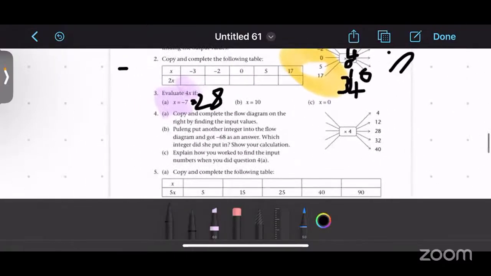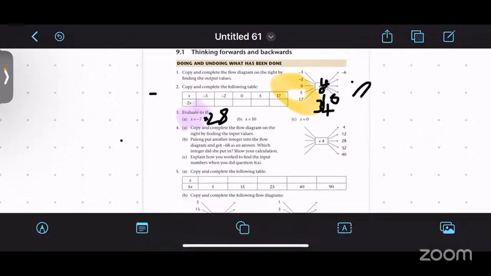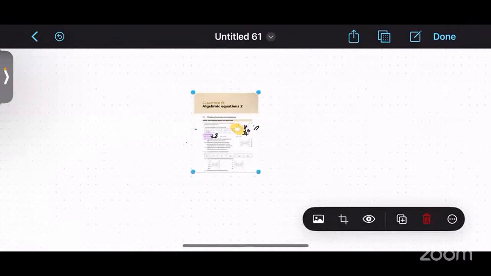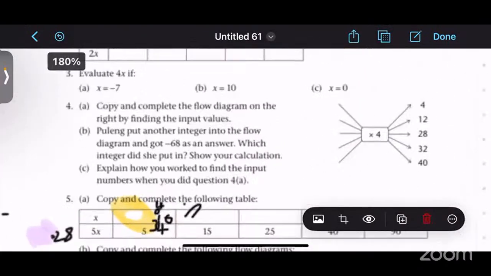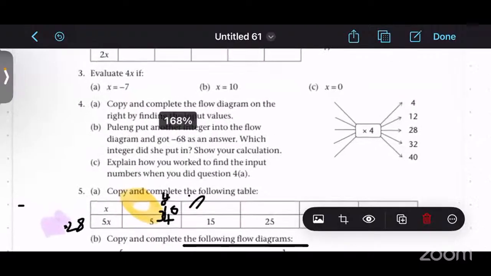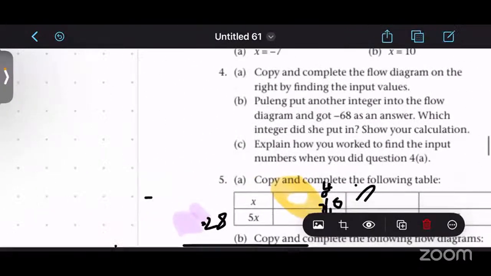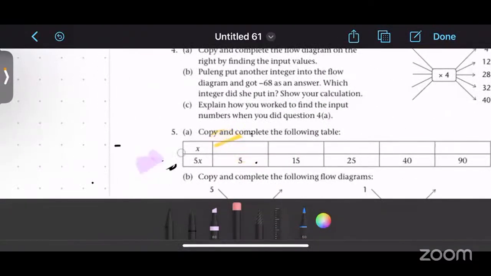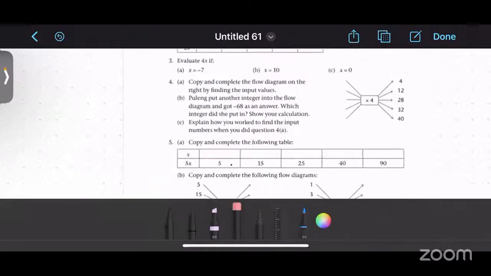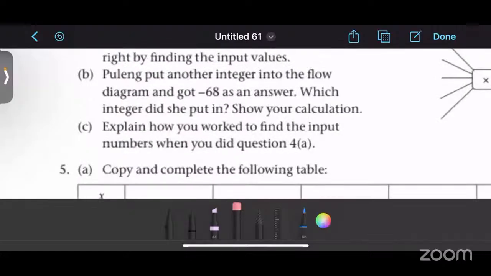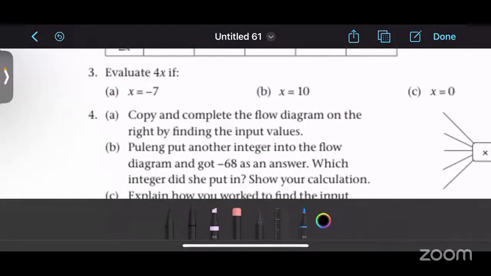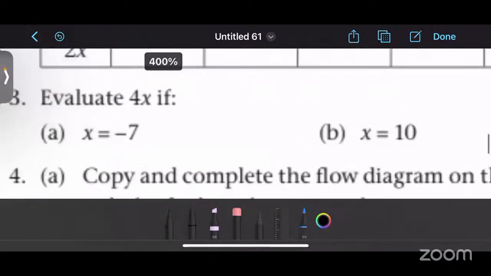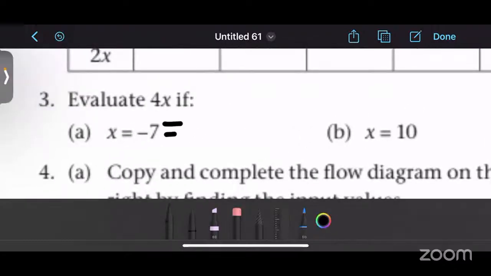But I'm not liking this. Let me do this now, because it's not writing like I need. Yes, I'll just try to wrap them. Yes, this is going to be much better. Okay. So for here we got how much? -28, right?